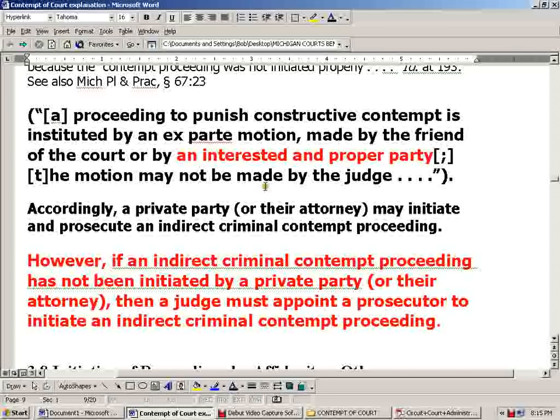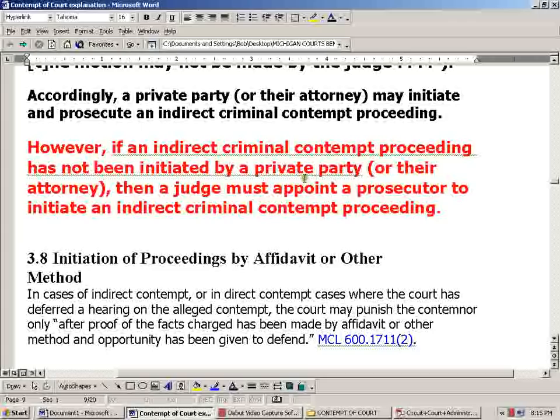The motion may not be made by a judge. Accordingly, the private party or their attorney may initiate and prosecute an indirect criminal contempt proceeding. However, if an indirect criminal contempt proceeding has not been initiated by a private party or their attorney, then a judge must appoint a prosecutor to initiate an indirect contempt proceeding.